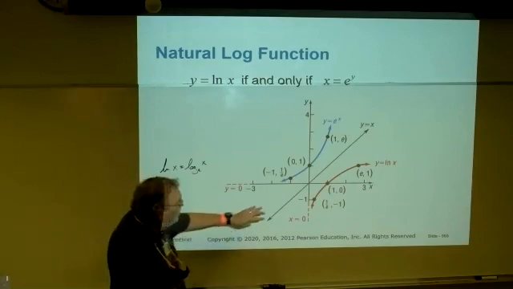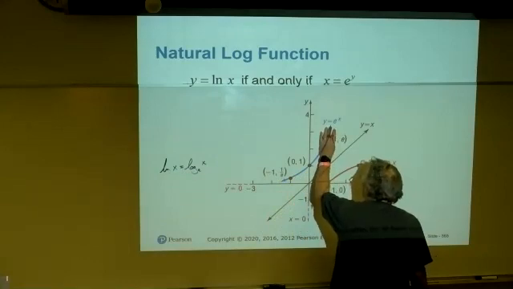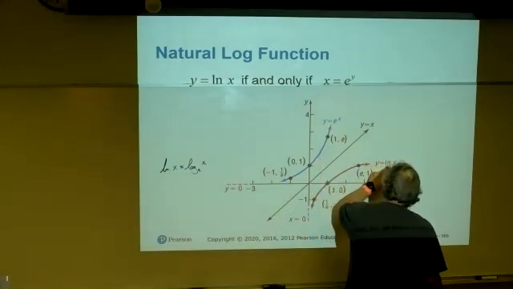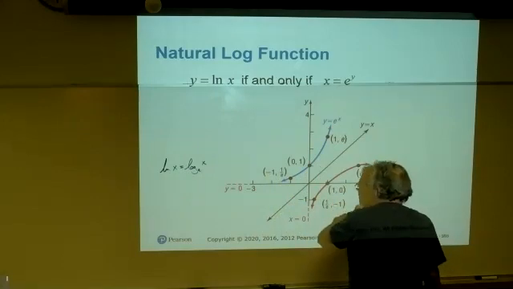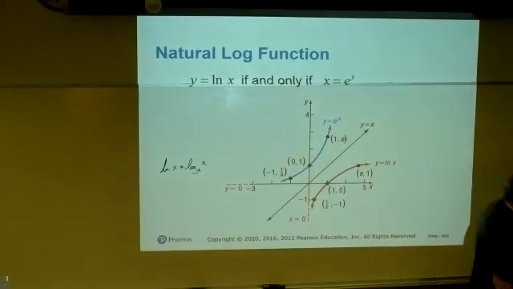And it follows all the same properties. Its inverse function is y equals e to the x. The base is e. It follows all the same rules. It's just a specific case of logarithms.